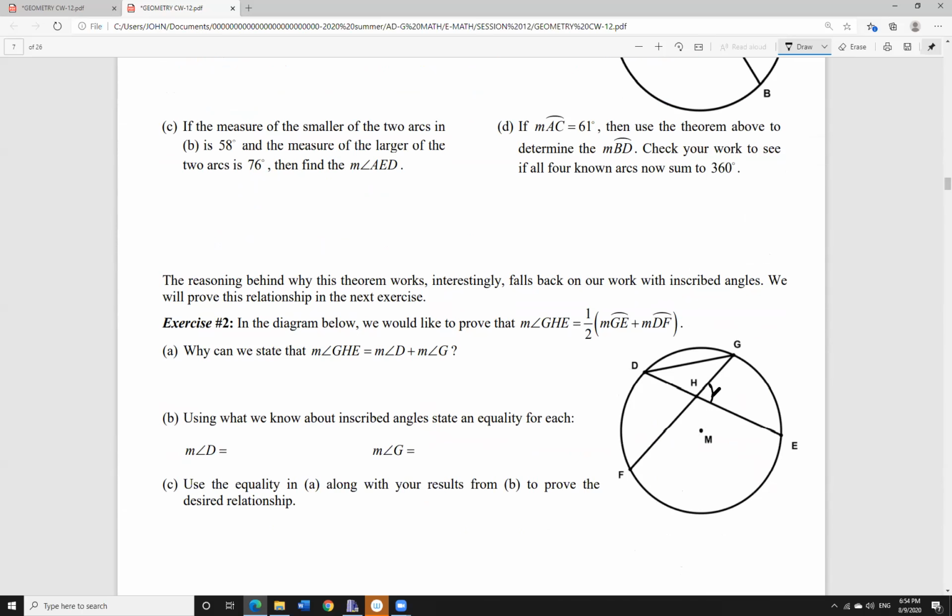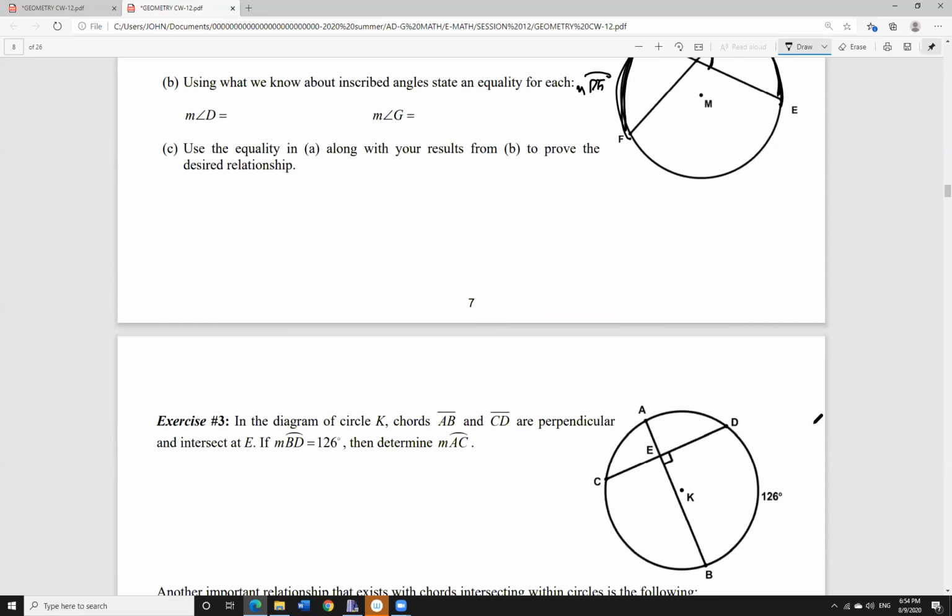We need this angle. This is the intersecting angle for these 2 arcs, isn't it? That's why we need GE angle, and the other one is DF measure angle, okay? That's it, we did this one.